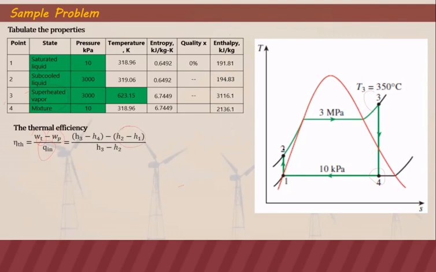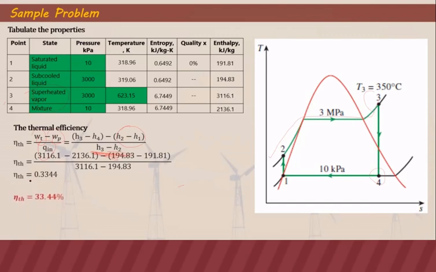And for the Q in, that is the heat input in the boiler. That is between process 2 to 3. That's why it's H3 minus H2. So even without computing the mass flow rate, just by using the enthalpy, you can still get the thermal efficiency. So by substituting all of these values from the table into the formula, the thermal efficiency is 0.3344, or in percent, 33.44%.